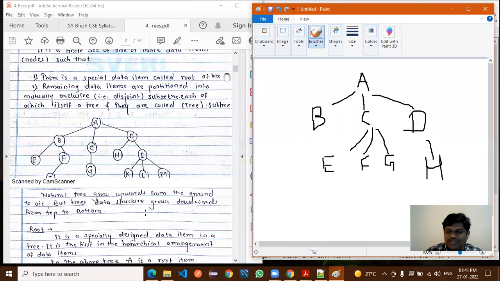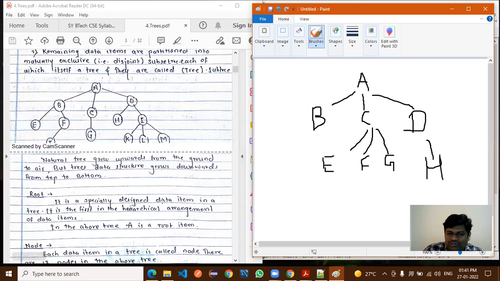But if you consider the natural tree, the real tree in our real-world environment, that tree grows from root to child. But here, logically, we have considered a downward direction. So try to understand the concept or meaning of this statement.